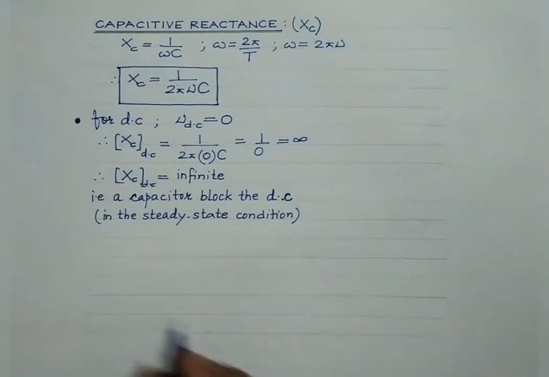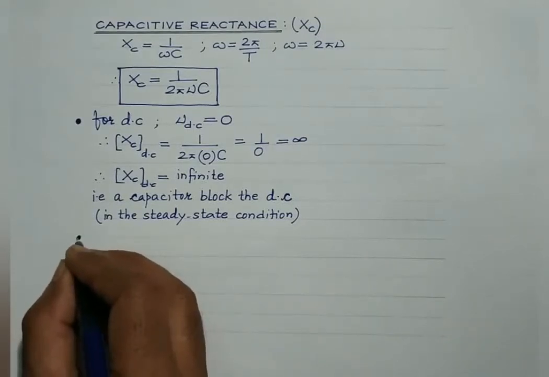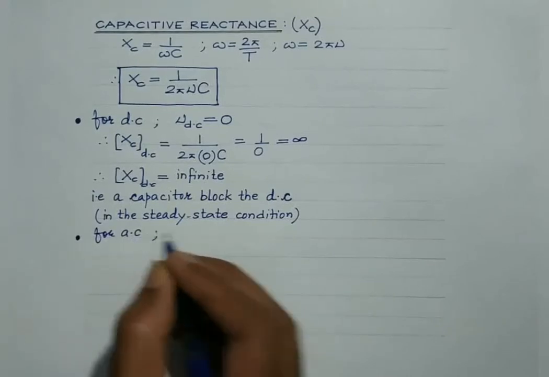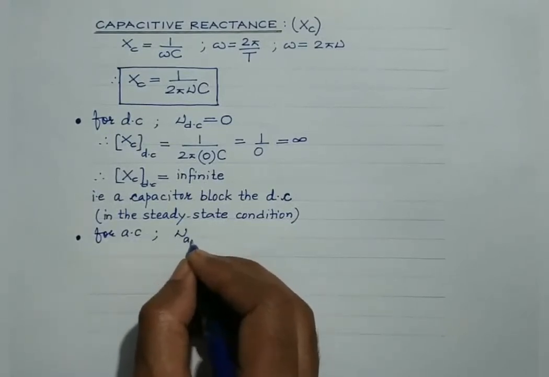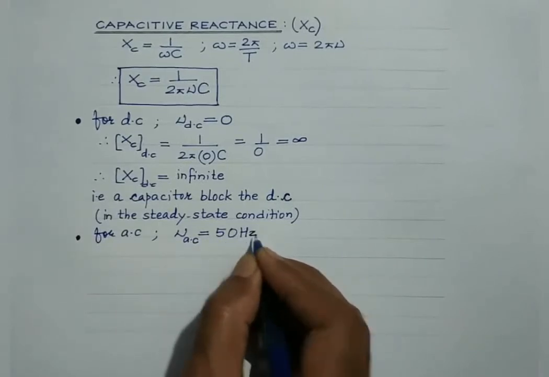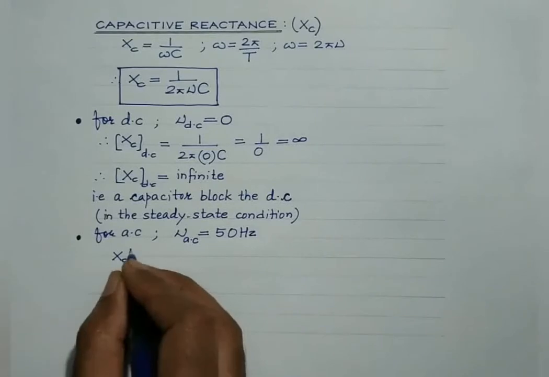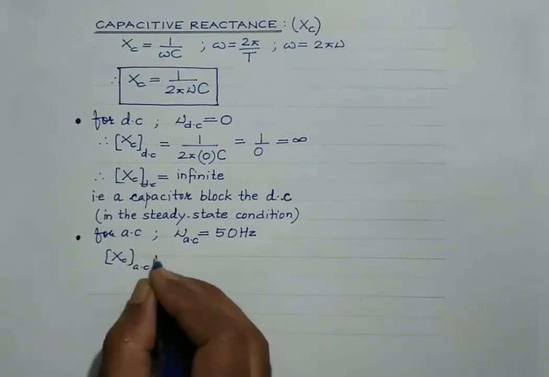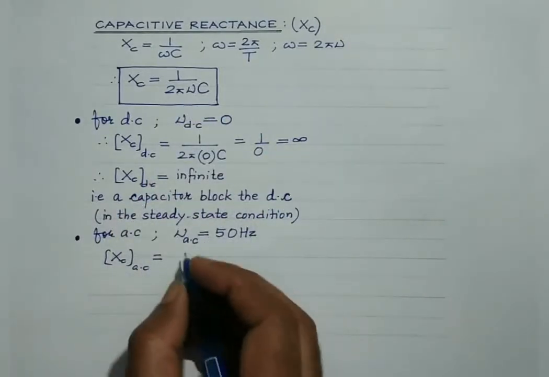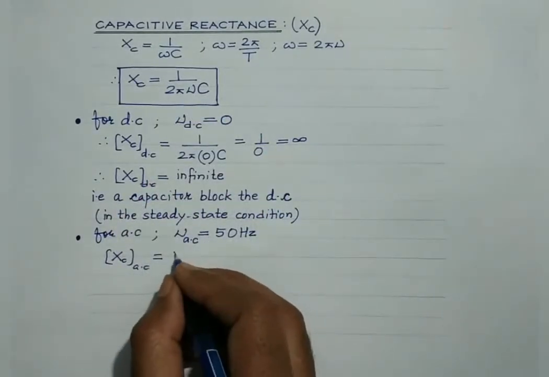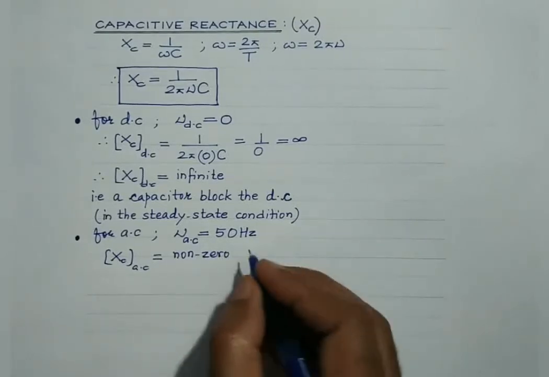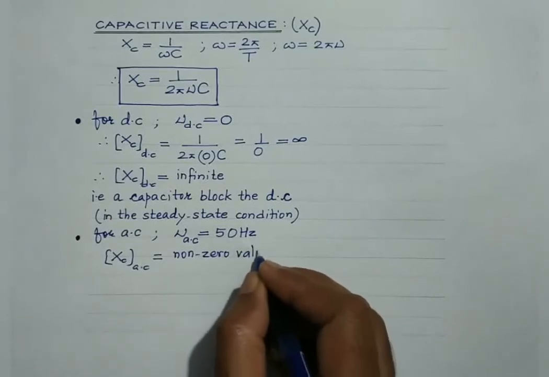Isn't it? And let's consider AC. For AC, as I have told you earlier also, the frequency of AC in India is 50 Hertz. So, Xc for AC will have some non-zero value. Obviously, since nu is having some non-zero value, Xc for AC will also have some non-zero value.